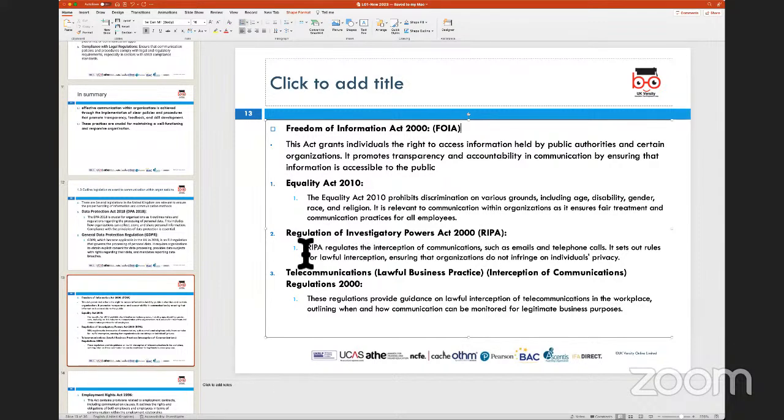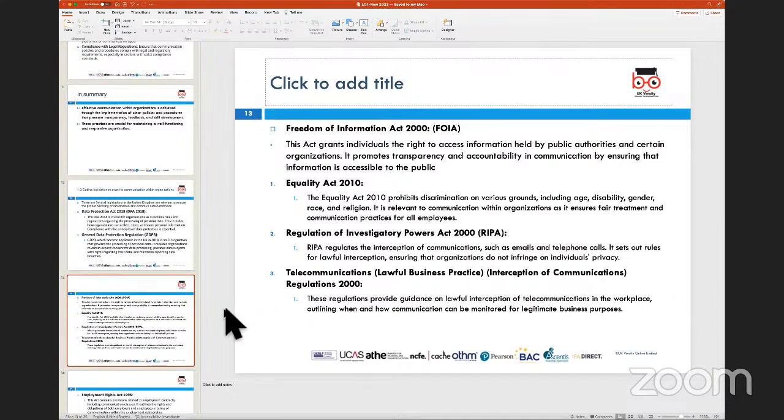Then there is an act called RIPA, the Regulation of Investigatory Powers Act. This act basically allows government bodies to regulate and intercept communications such as emails and telephone calls. This is to maintain, for example, national security, or in some cases so that organizations do not infringe on individuals' privacy.